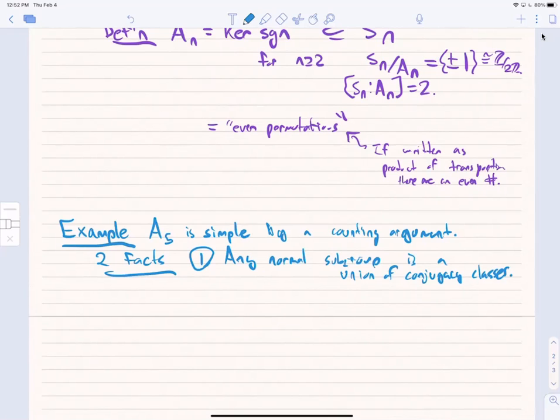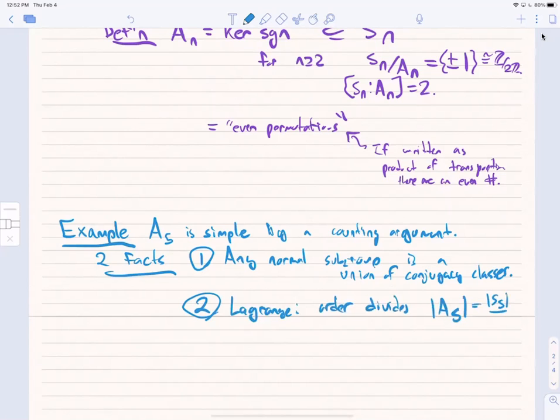So this was one of the equivalent definitions of a normal subgroup, that it was a union of conjugacy classes. So that's the first fact we'll use. And then the second is just Lagrange's theorem. So the order divides the order of A_5, which is the order of S_5 divided by 2.